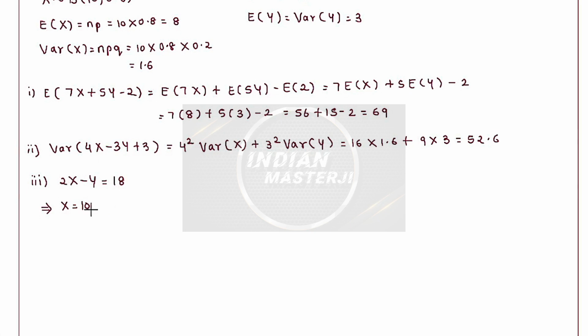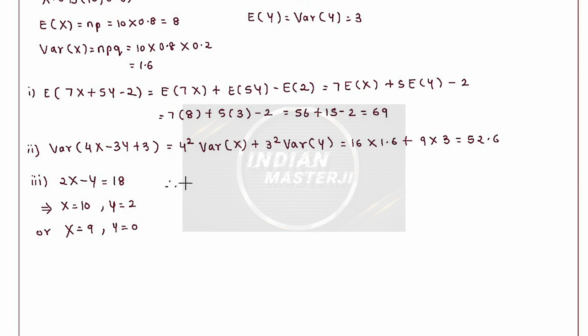Correct? 2 into 10, that is 20, and Y being equal to 2. So 20 minus 2 will give me 18. Or I can have X equal to 9 and Y equal to 0. Correct? So 2 into 9 will be 18, minus 0 will give me 18.